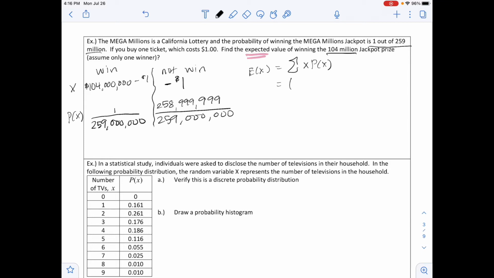So winning is going to be the 104 million minus 1 times that probability, which is 1 out of 259 million, plus, summing these together, the expected part for not winning, which is going to be negative 1 times 258,999,999 all over the 259 million.